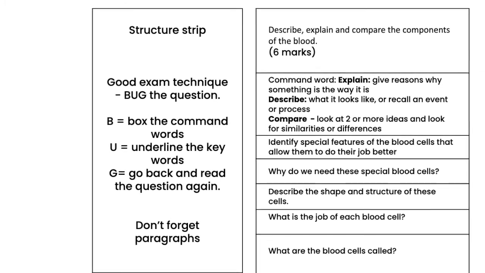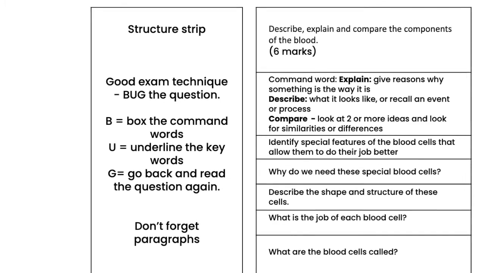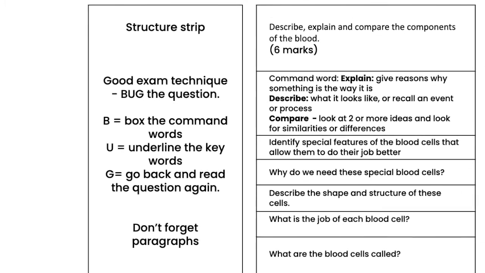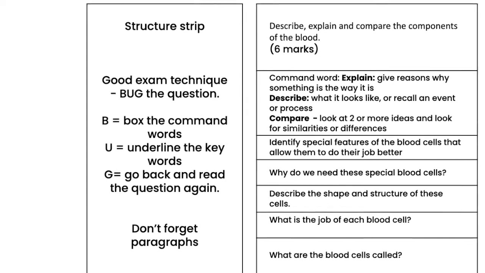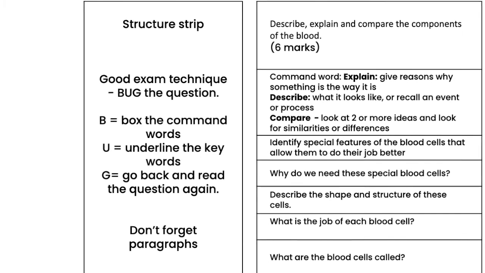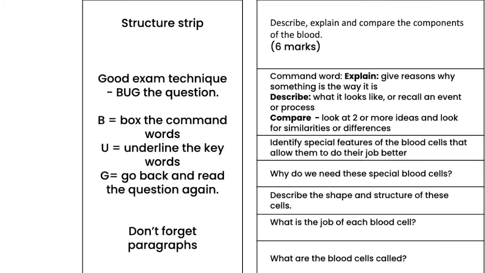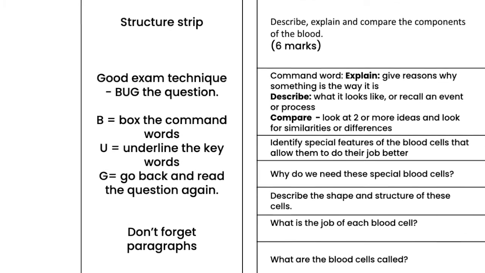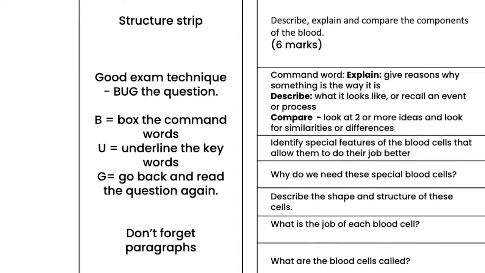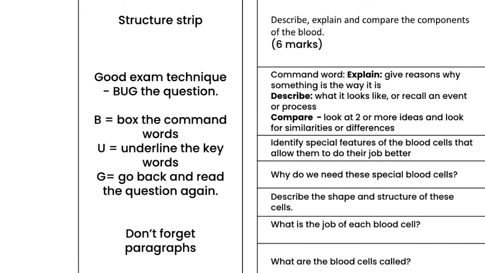So if we look at the command words, first of all, explain means, like in the last one, you need to give reasons. Describe means what does it look like? Talk about its features, the shape and the look of it. And compare means looking for similarities and differences.